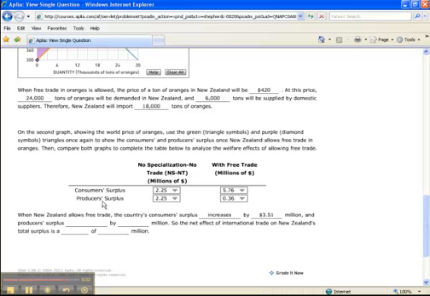And then our producer surplus went from 2.25 down to 0.36, so it's actually going to decrease by the difference of $1.89 million. But we went from 3.51 to 1.89, so we actually had a gain of the difference, which is $1.62 million.